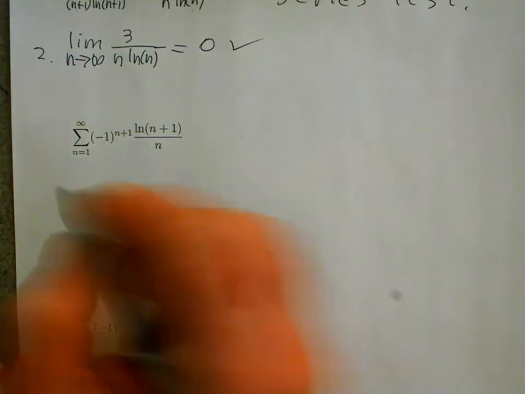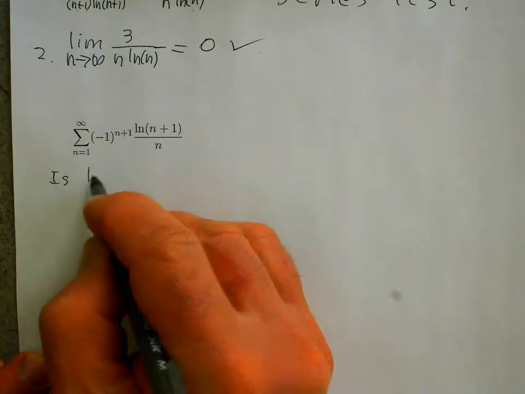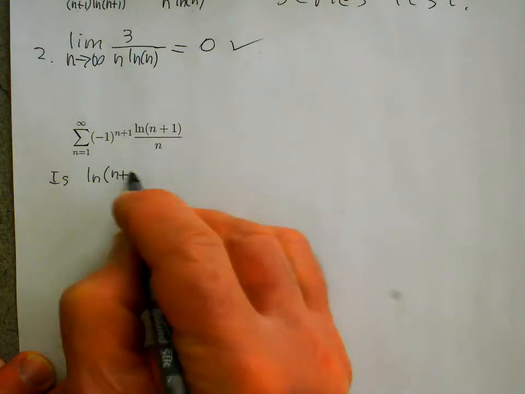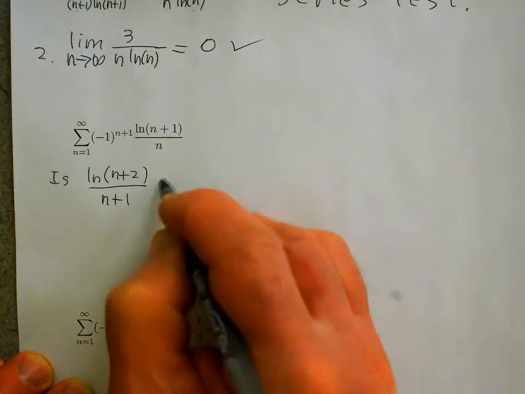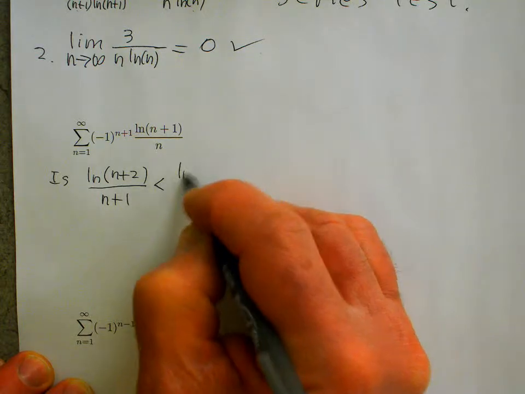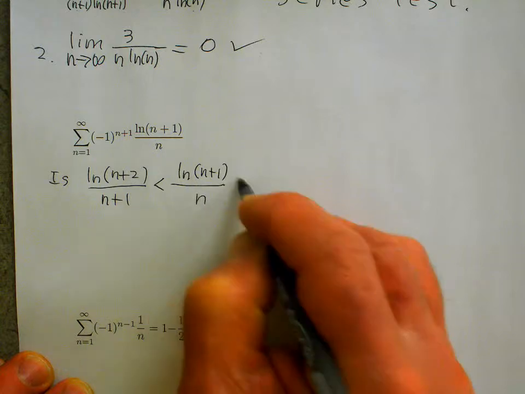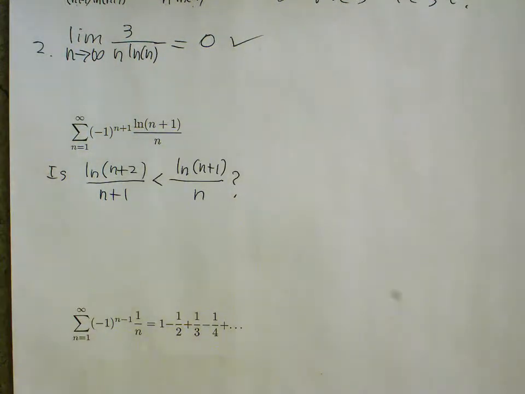So here's the question: is the term, the natural log of (n plus 2) divided by (n plus 1), less than the natural log of (n plus 1) over n? Well, maybe you're different, but it's not as obvious to me that that's the case.